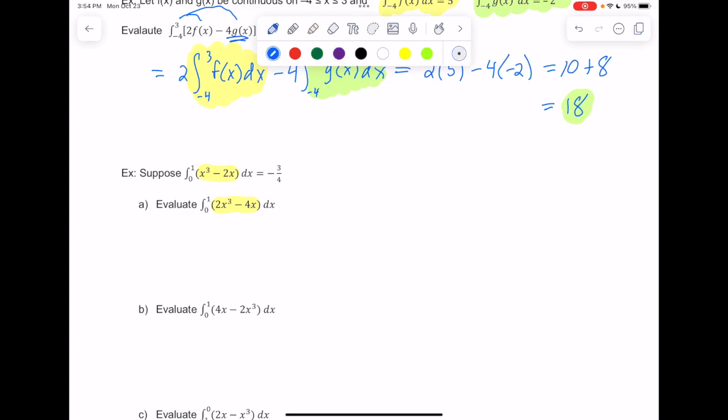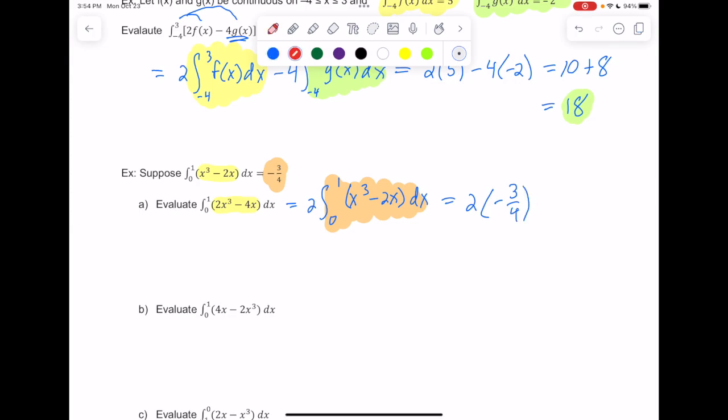So if we factor that 2 out to the front, that becomes the integral from 0 to 1 of x cubed minus 2x. Now the inside pieces are a match, and we know that that integral piece right here is equal to -3/4, so we can substitute that in place of the integral portion.